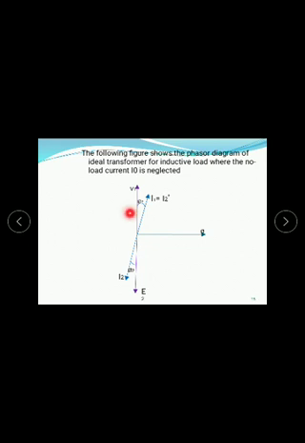Here also the angle is pi by 2. So here is the phasor diagram of the ideal transformer for inductive load, when I0 is neglected.